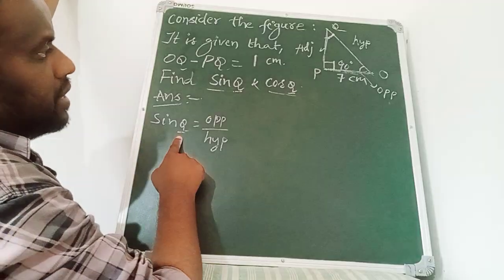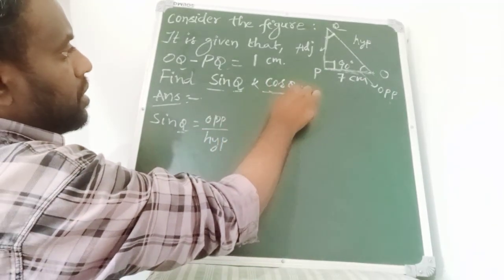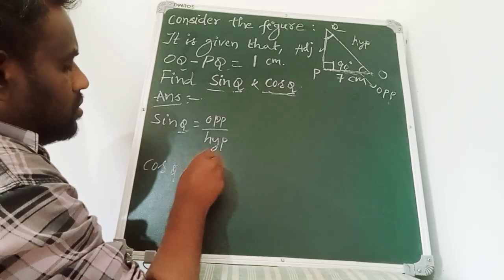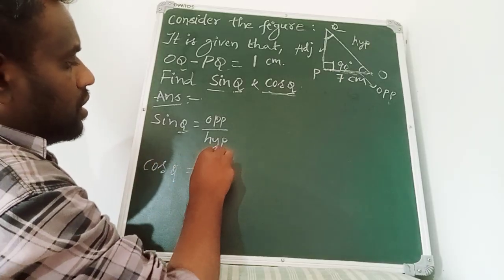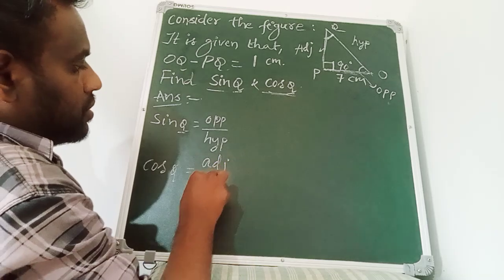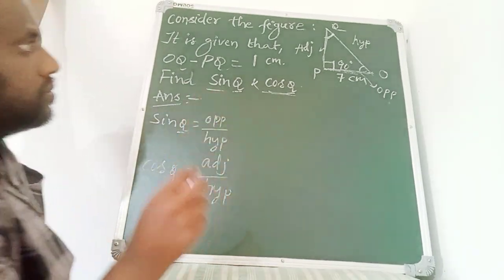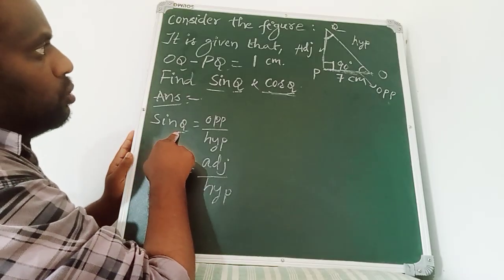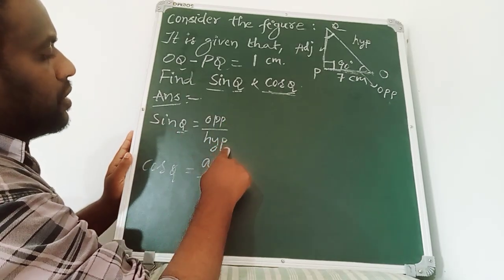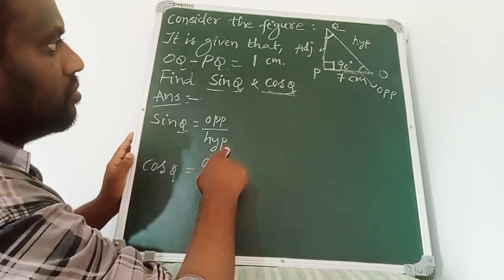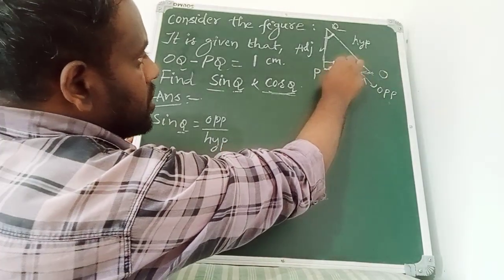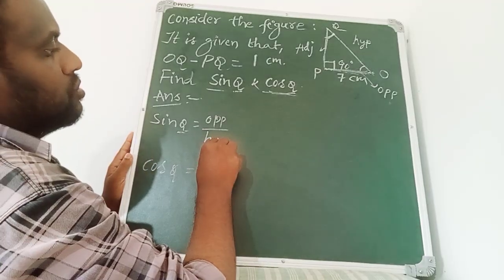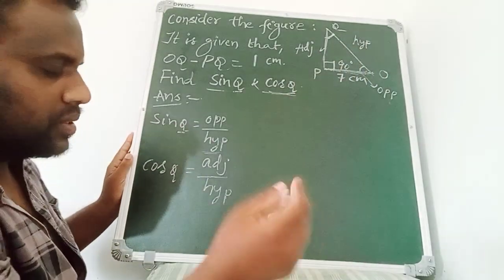Now the sin Q formula I have done. Next, write the formula for cos Q: adjacent divided by hypotenuse. Okay. So to find sin Q, we need opposite and hypotenuse. See, the opposite side is this; the opposite side is given as 7 centimeter, but the hypotenuse is not given.